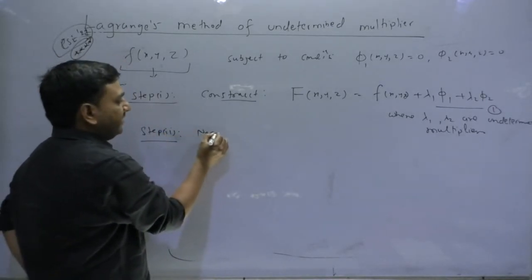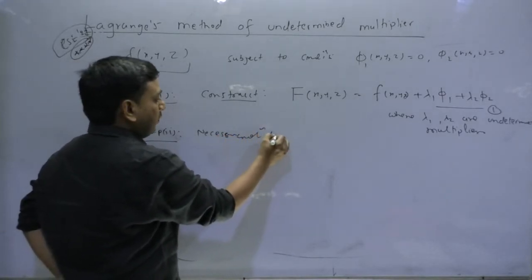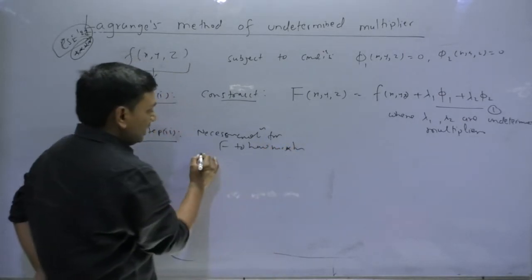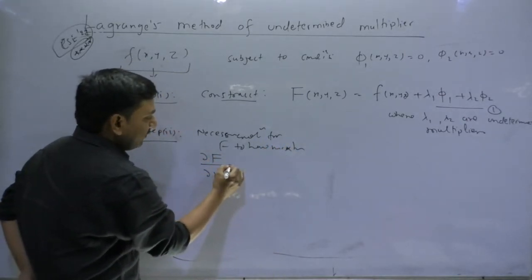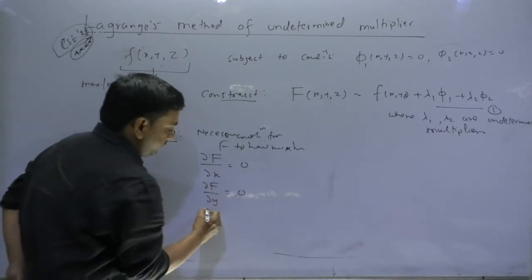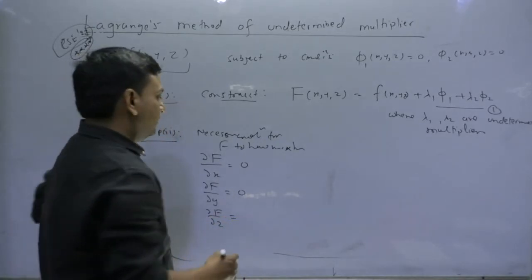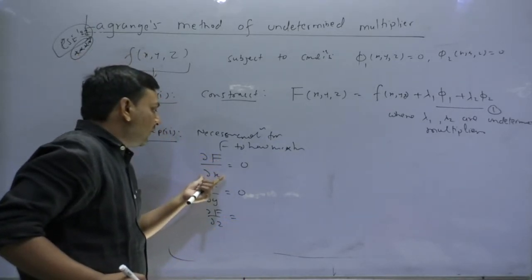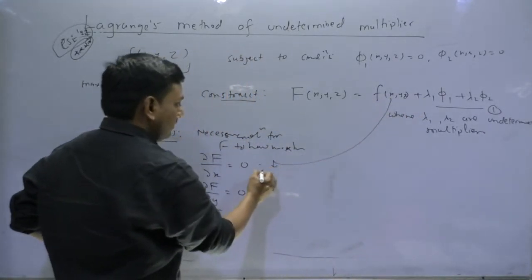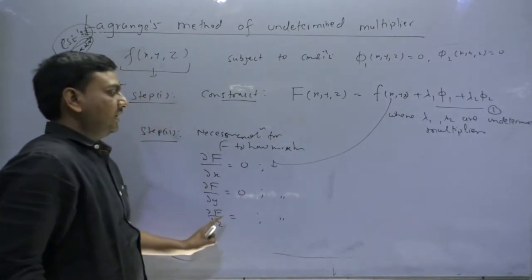तो necessary condition क्या है बच्चे मेरे? Necessary condition for F to have maxima और मिनिमा कि डेवर F over डेवर x should be 0, डेवर F over डेवर y should be 0, डेवर F over डेवर z should be 0. So when I do डेवर F over डेवर x, I will have the expression from here. Clear?